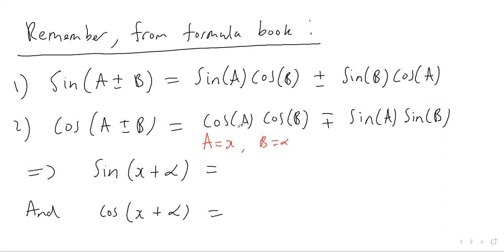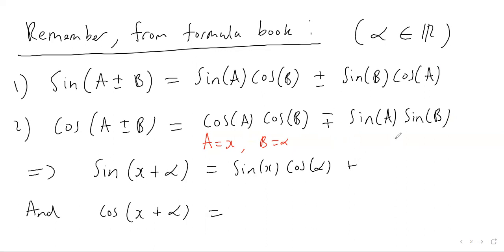With the first one, plugging the a in, we get sine of x, and then b in that part, we get cos of alpha. And then I'm just going to put a plus sign there. Alpha is just a real number, so it could be positive or negative, so we'll just use the addition formulae. It won't really matter, as you'll see at the end.